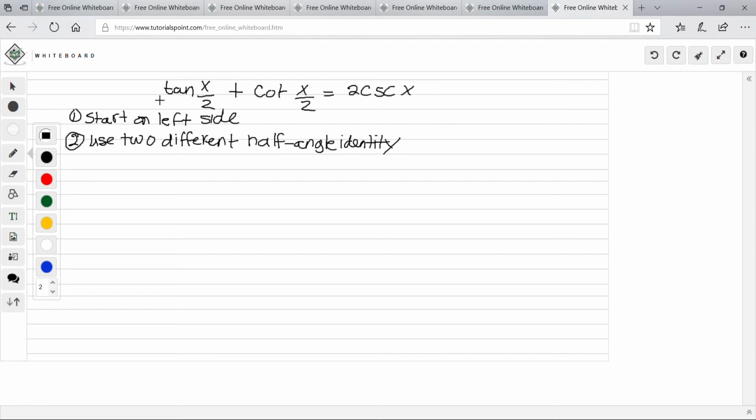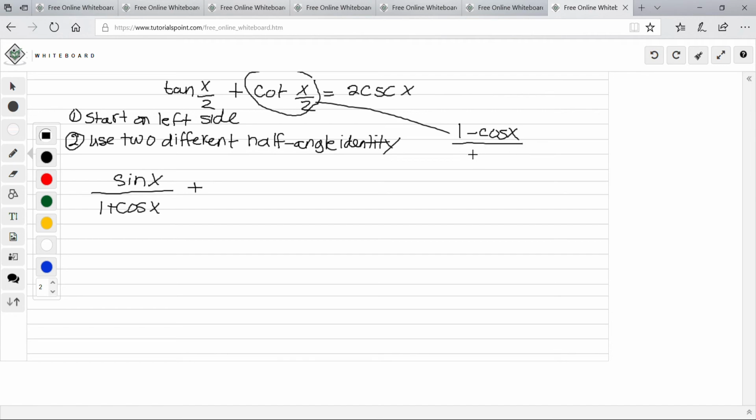So this tangent x over 2, we say that as sine of x divided by 1 plus cosine x, plus, okay, so for this part, this cotangent x over 2, I could use this identity, 1 minus cosine x. This is a tangent identity.